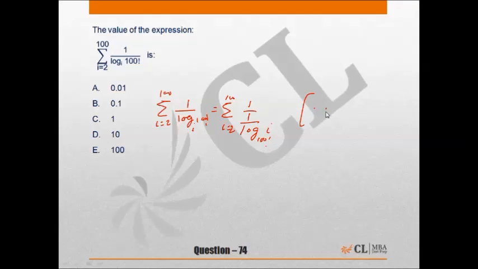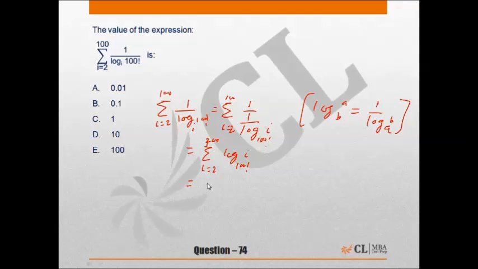As we know that log a to base b is equal to 1 upon log b to base a. Now on further simplification, we get summation log I to base factorial 100, where I is from 2 to 100.